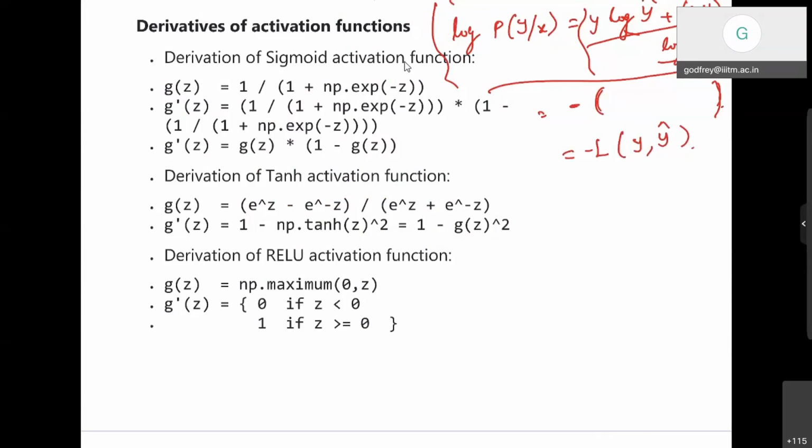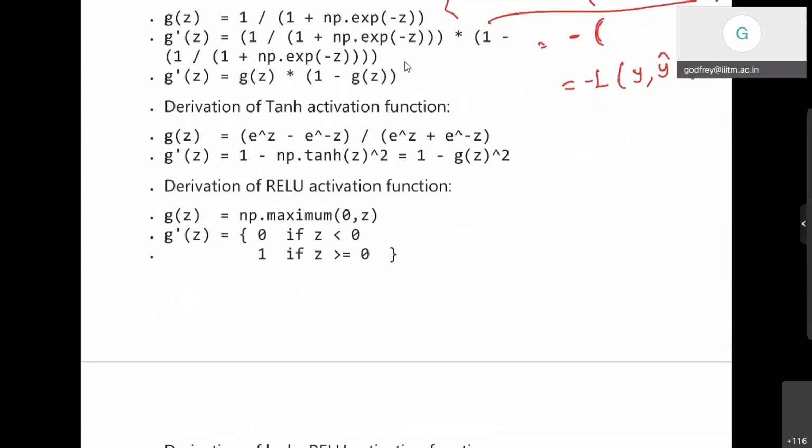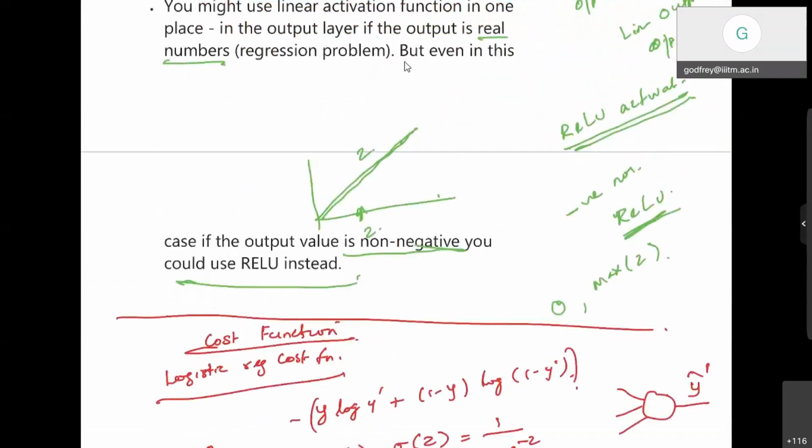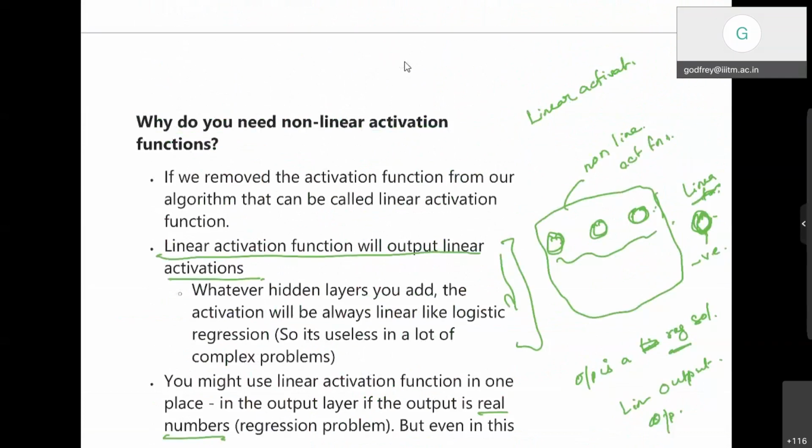Another thing I can say is with respect to non-linearity. For instance, why do we need a non-linear activation?